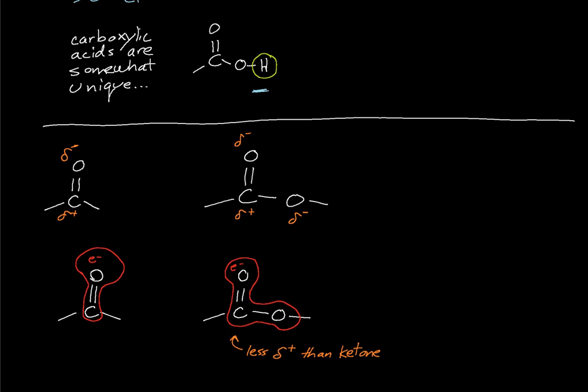So this will be removed in base, and in strong enough acid, either of the oxygens may be protonated, or because carboxylic acid is itself an acid, if the acid isn't that strong, it would just be unchanged.